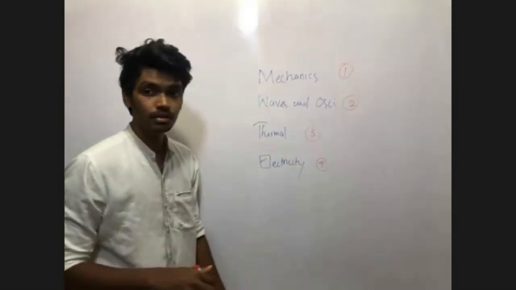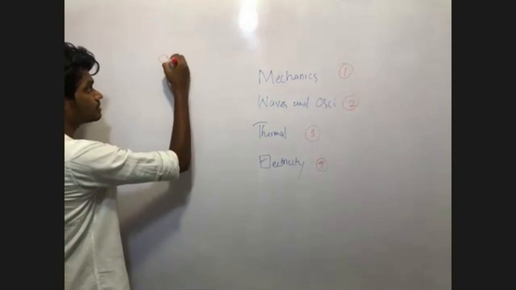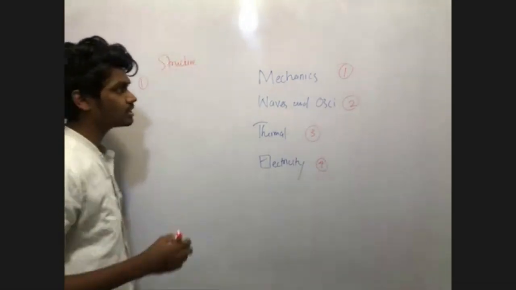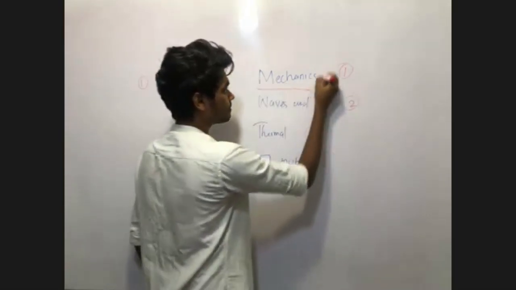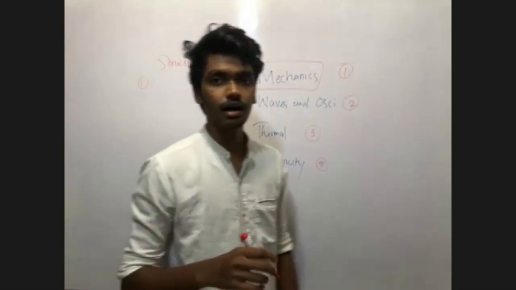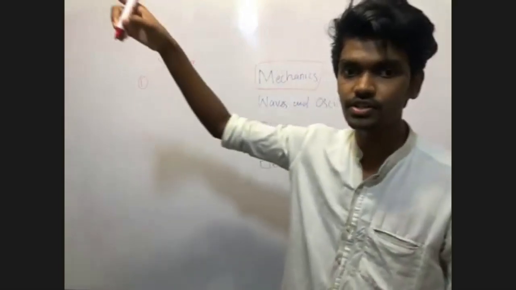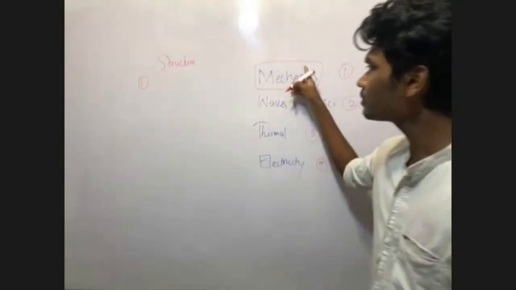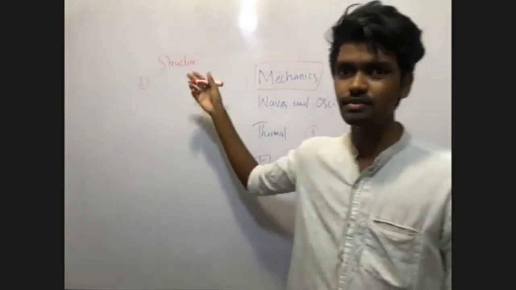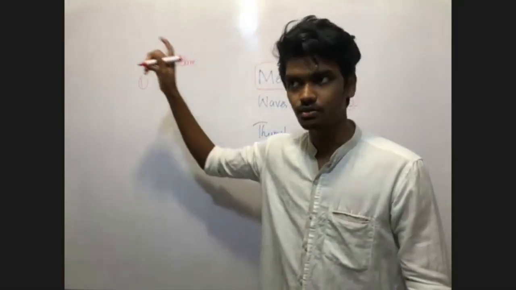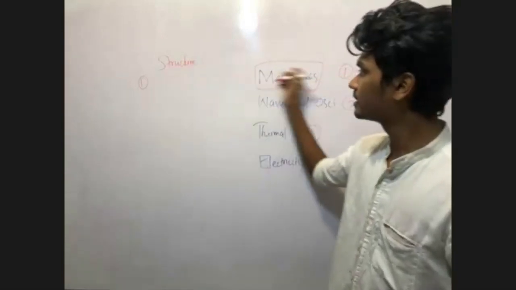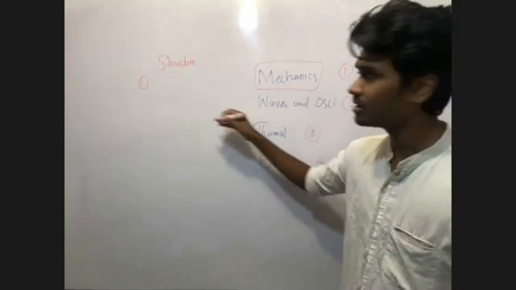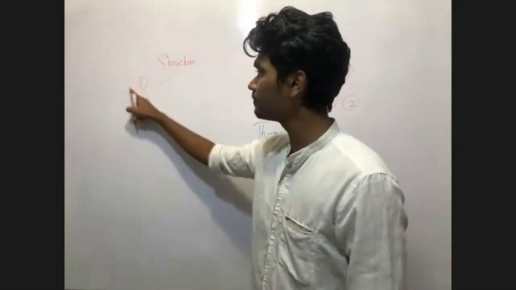And also when it comes to the structure of the experiments, you guys know. The first experiment is mostly going to be from mechanics, from the first unit, that is units and dimensions, measuring instruments. There are five instruments, so if you are okay with that, and there's a set of experiments in mechanics, that will be the first one mostly.